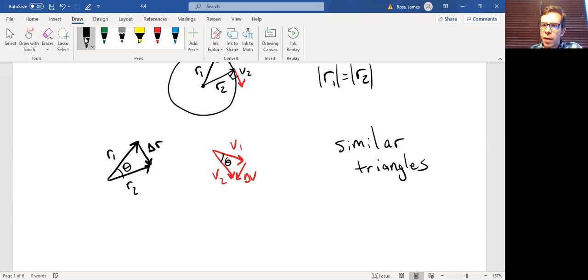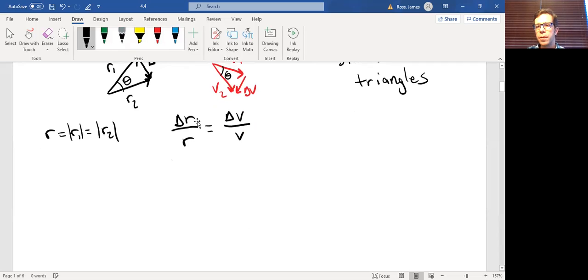Well, similar means that the ratio of associated sides has to be the same. So I can say that delta R over R, the magnitude of R1 and the magnitude of R2, and I'm going to do the same thing with my velocity vectors, delta V over magnitude V. That ratio has to be equal because they're similar triangles.